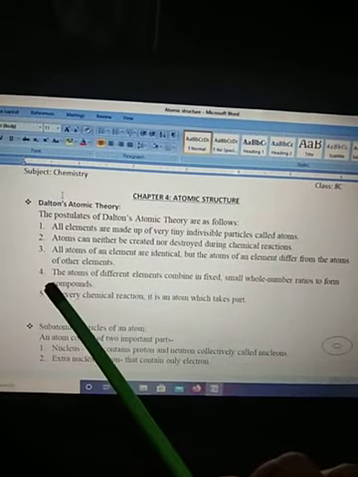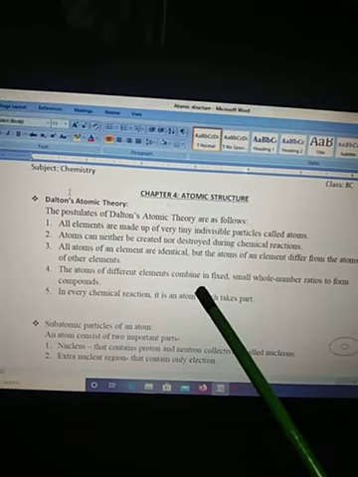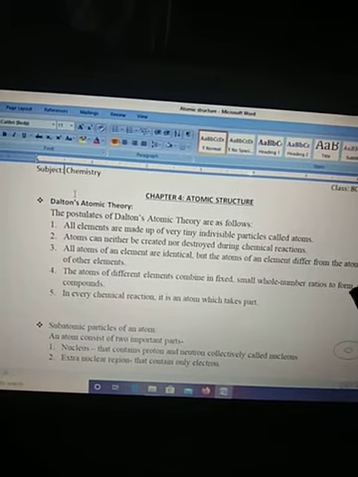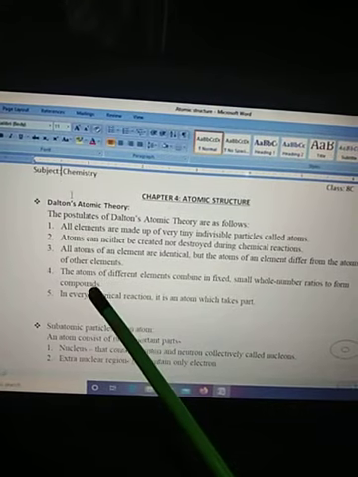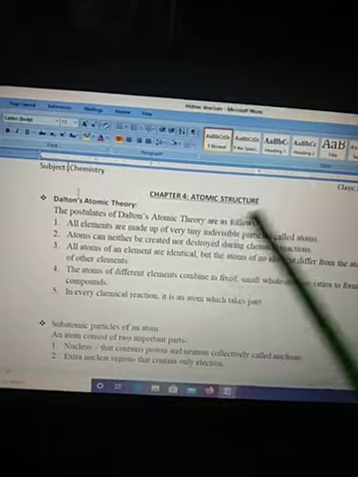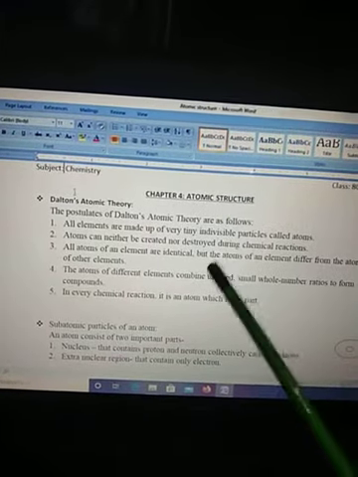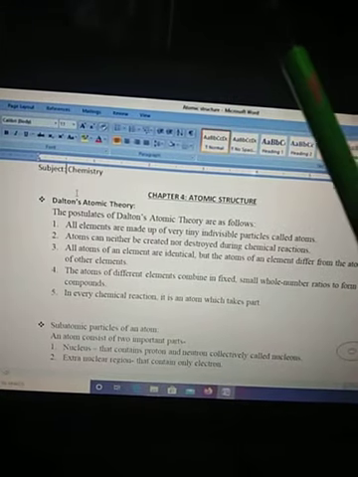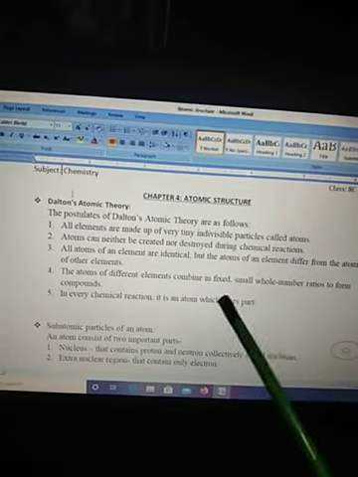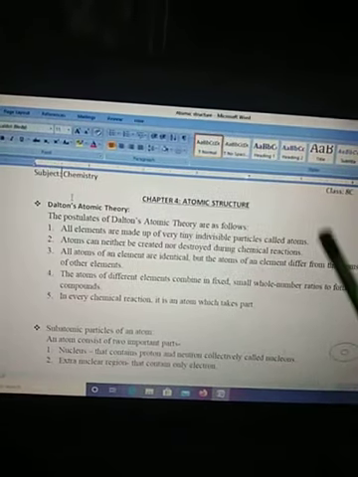Now the fourth point is that the atoms of different elements combine in fixed small whole number ratios to form compounds. That means when elements combine with each other to form a compound, it is always in a fixed small whole number ratio. For example, in water, H2O, hydrogen is 2 and oxygen is 1.